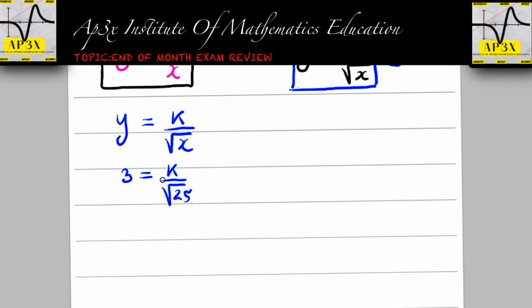Therefore 3 is equal to k divided by 5. We have said this repeatedly: we can cross multiply, or just remember that when the unknown is in the denominator, we simply multiply 3 by 5. So 3 times 5, therefore k easily works out to be 15.